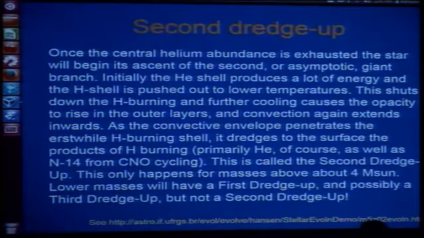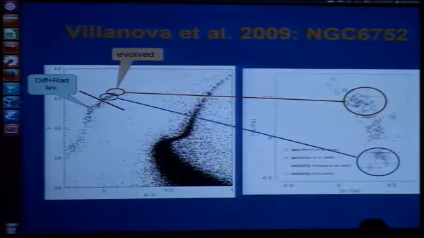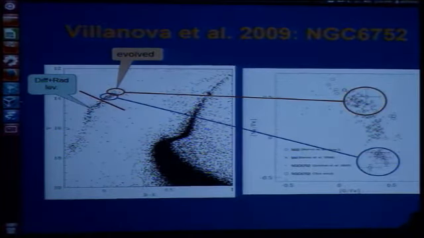Okay, this is the explanation of the second dredge up, if you want. So we expect that there is a variation of the composition of stars along the horizontal branch, because we expect essentially that the stars on the reddest part of the horizontal branch are the progeny of the stars that are oxygen-rich and sodium-poor.